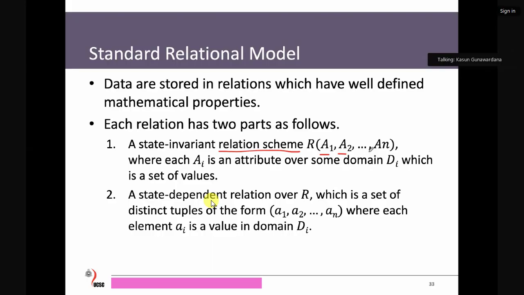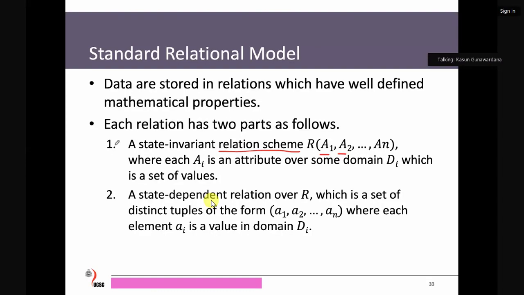The possible values that it can have. If you take date of birth, we know that it's a date type attribute, so its domain is basically about dates. And if we take index number, there are a number of possible values it can have. That is the domain.